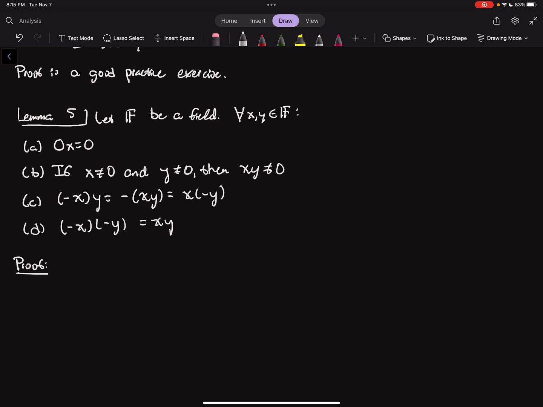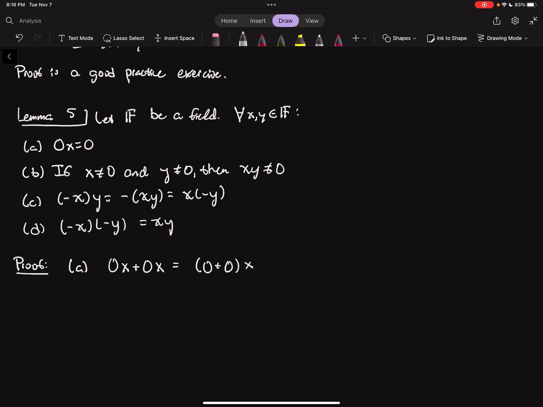Okay, so for the first one, 0x equals 0. So let's consider 0x plus 0x, and think about what this is equal to. Well, we can factor out the x on the right, and we are left with 0 plus 0 in parentheses times x.